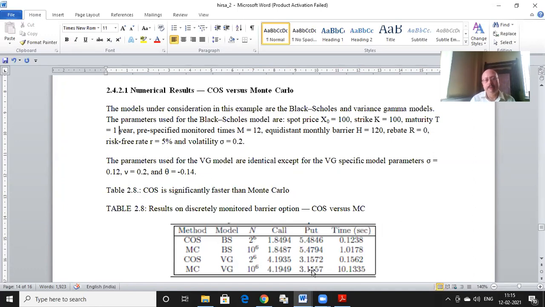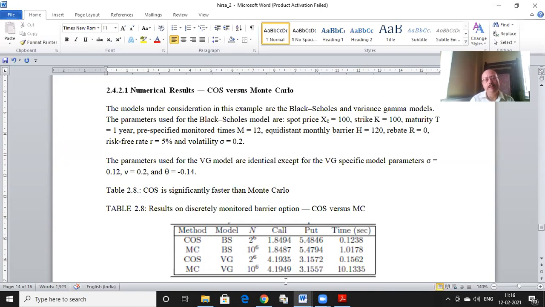If I go to the variance gamma model, again I use the same kind of comparisons and get comparable results, but again the time taken is very much in favor of the cosine method. And remember that in this case, I do not always have analytically closed form expressions for option prices. So we have to rely on Monte Carlo to get close to the theoretically correct value, but that is going to be very expensive.